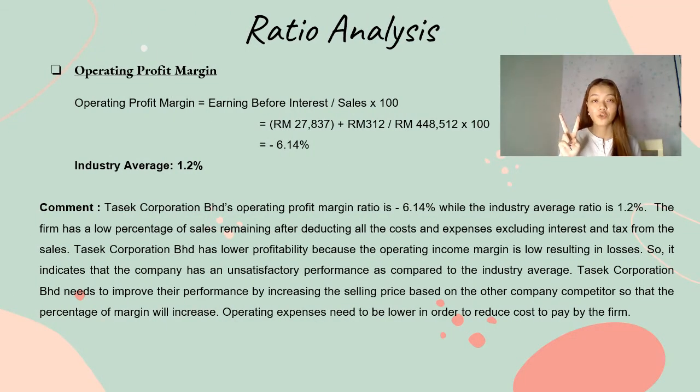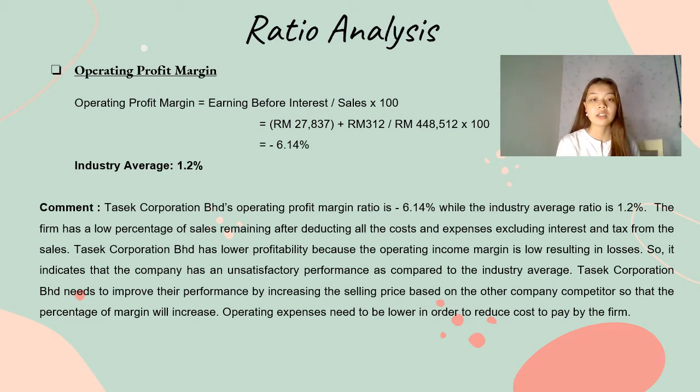Secondly, we go for operating profit margin that reflects the percentage of profit a company produces from its operation. The formula to calculate operating profit margin is earnings before tax divided by sales. Based on the calculation, the operating profit margin of the company is negative 6.14%, while the industry average is 1.2%.